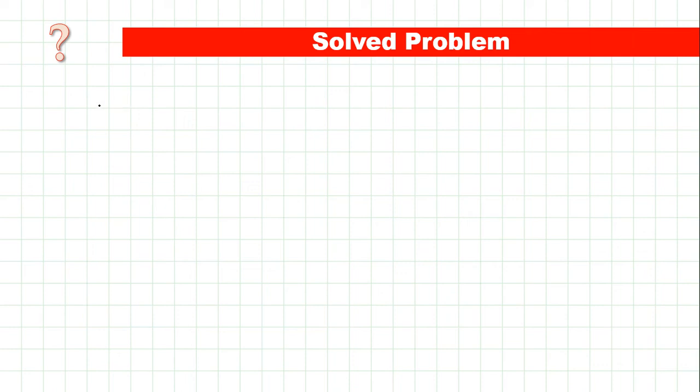So in this case, kunin naman natin yung question ulit, no? Let's try to find the derivative of x plus x times y cubed is equal to y times x cubed.